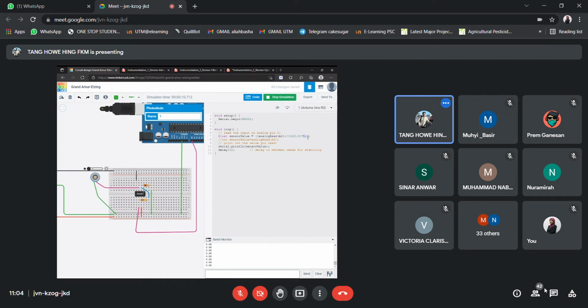Okay. This circuit has some problems over here. It is not a very good circuit actually.